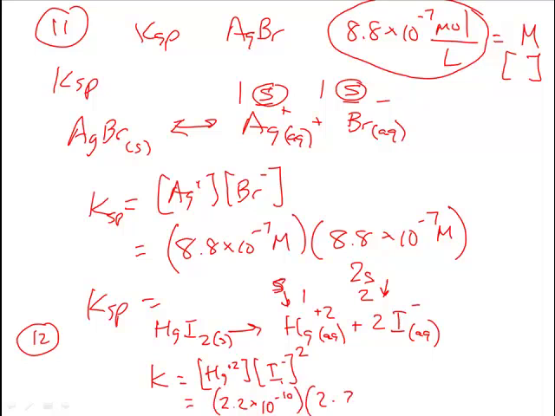And then you do 2 times the 2.2 times 10 to the negative 10th, squared. It must still be squared, and that will equal your KSP value. It's a little more challenging if you had to do this backwards, but it would still be the same setup. You would just have to solve your equation differently.